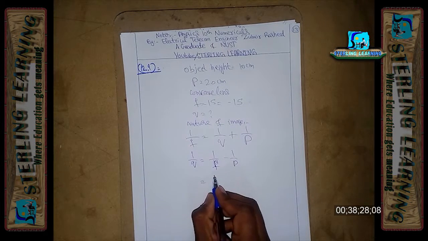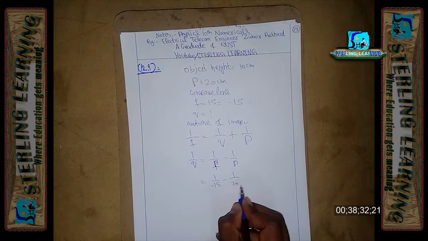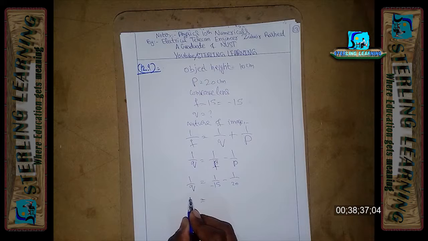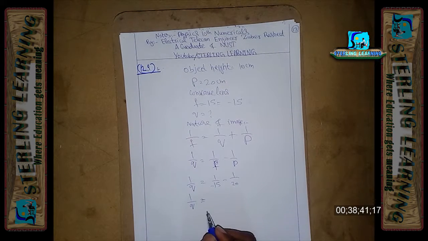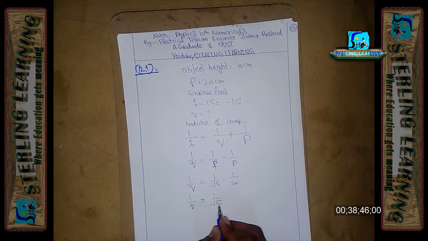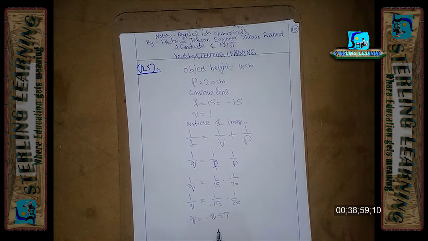F value is minus 15, p is 20, so 1 over q is minus 1 over 15 minus 1 over 20. Solving these two, we get q as minus 8.57.